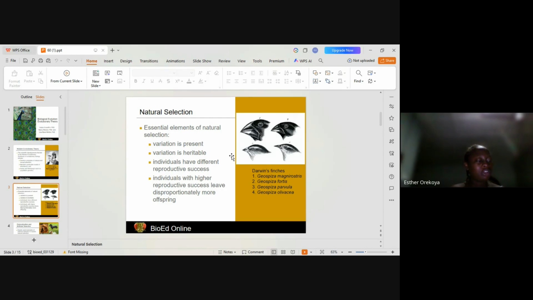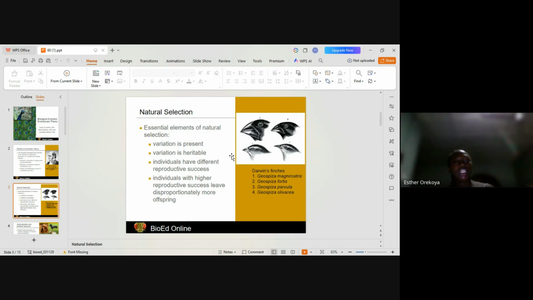Darwin's theory of evolution can be described with some points. The first point, within a population, some individuals have more favorable variations than the others. This leads to the essential elements of natural selection, which I said was given by a scientist named Charles Darwin.